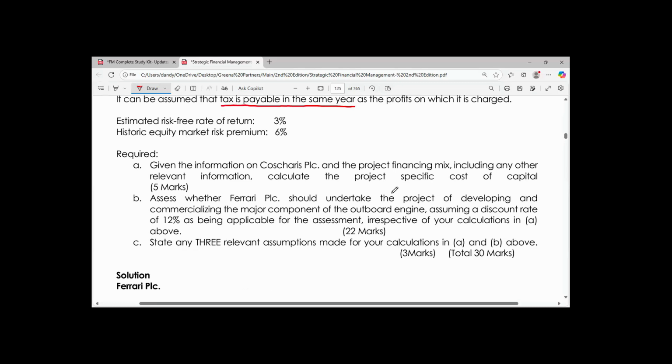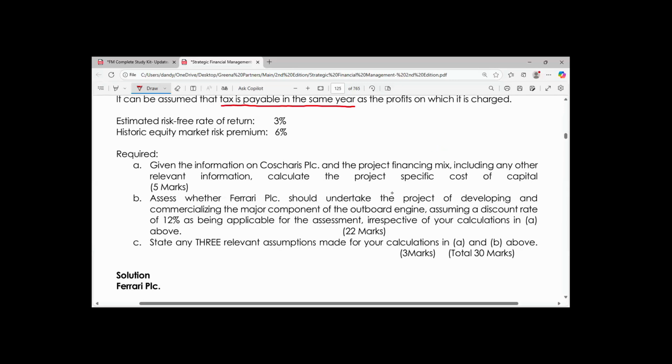B: Assess whether Ferrari PLC should undertake the project of developing and commercializing the major component of the outboard engine, assuming a discount rate of 12% is applicable to the assessment, irrespective of your calculation in A above. 22 marks. C: State any 3 relevant assumptions made for your calculations in A and B above. 3 marks. 30 marks in total. Yes, thank you very much, Rose.